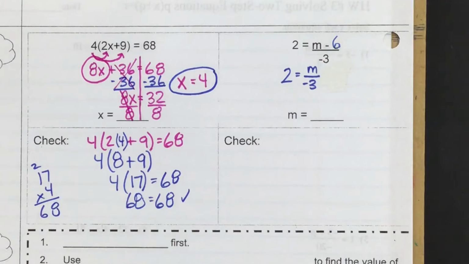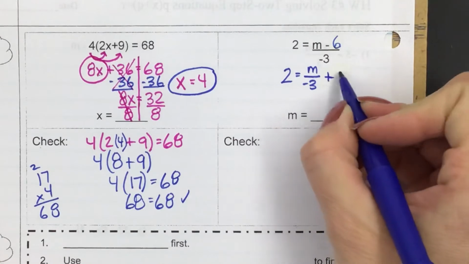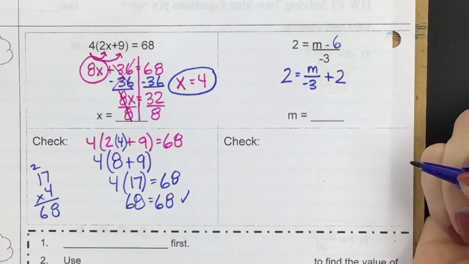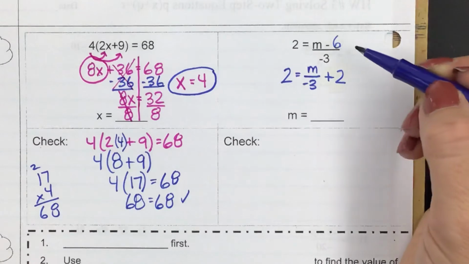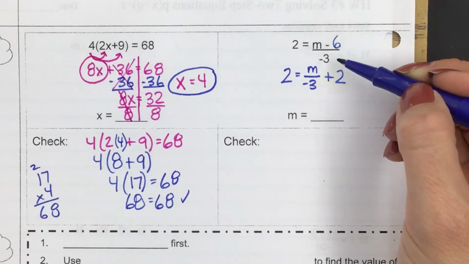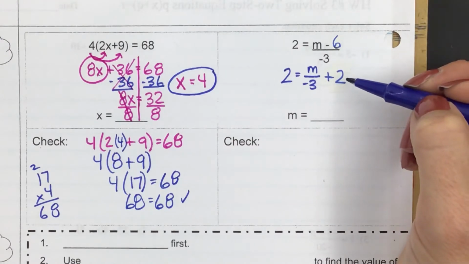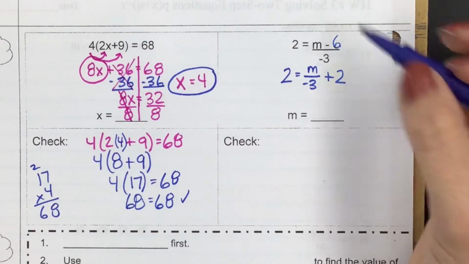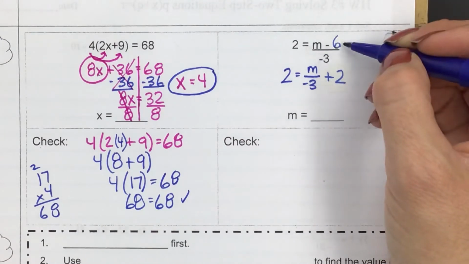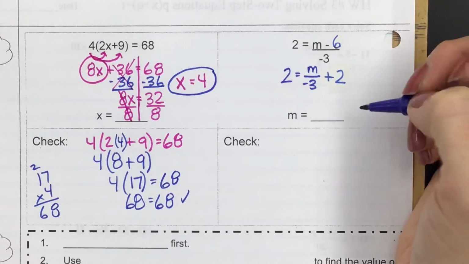Or you can quickly, in your head, without all that jargon, say -6 divided by -3 is +2. Did everybody follow that? -6 divided by -3 is a +2. If you look at this, this is -6 divided by -3. And it's a +2.